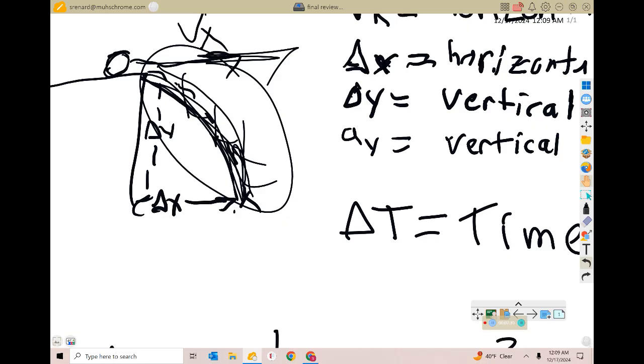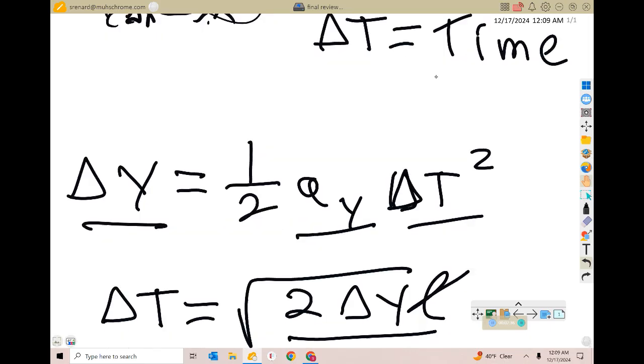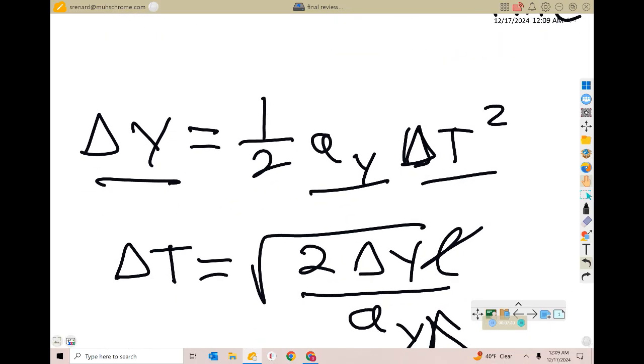Okay, so that really gives us two equations. The first of which is this. So this is delta y equals 1/2 a t squared. Now this is a kinematic equation that we've adjusted to only deal with the change in our vertical position.